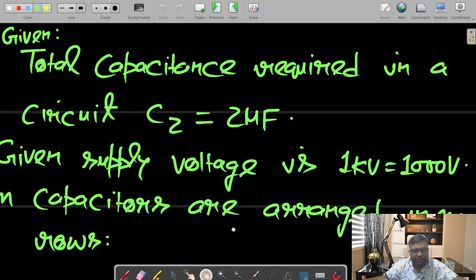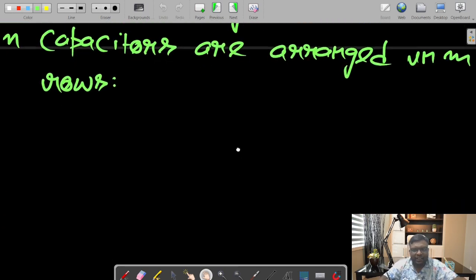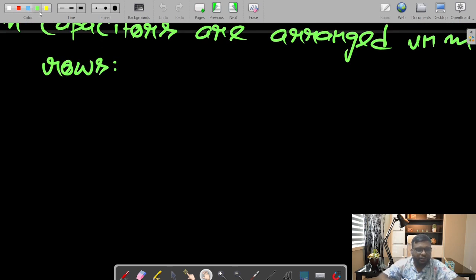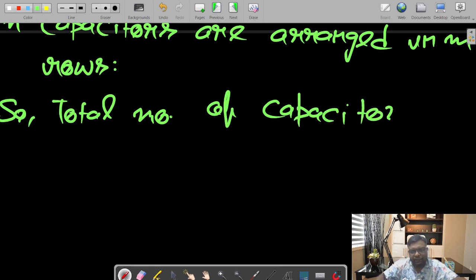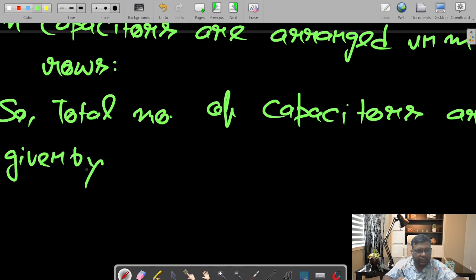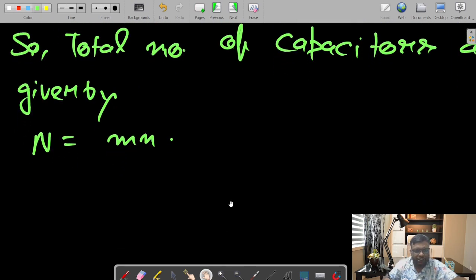So here n capacitors are arranged in m rows. So we will write it mathematically. The total number of capacitors is given by capital N equal to m times n.